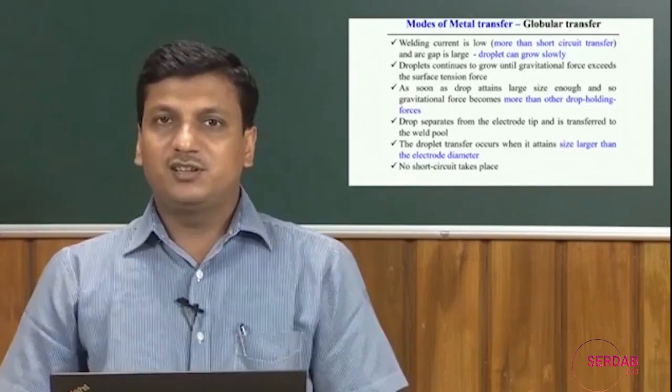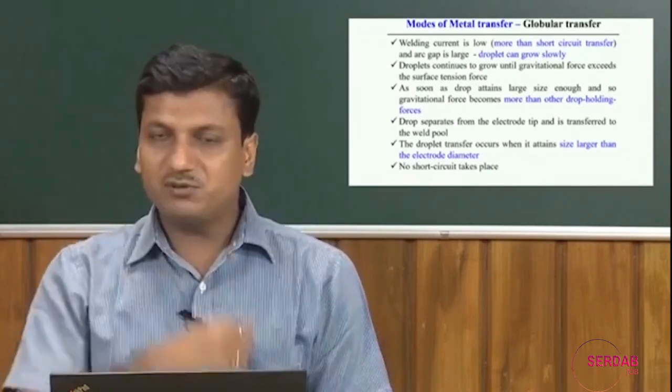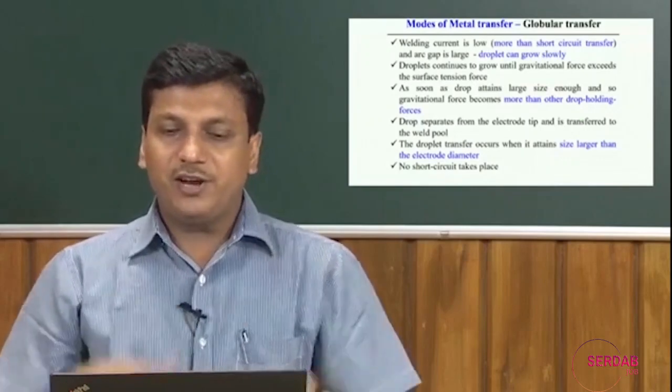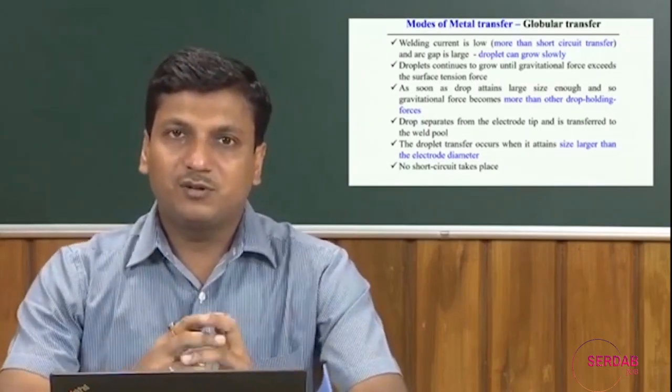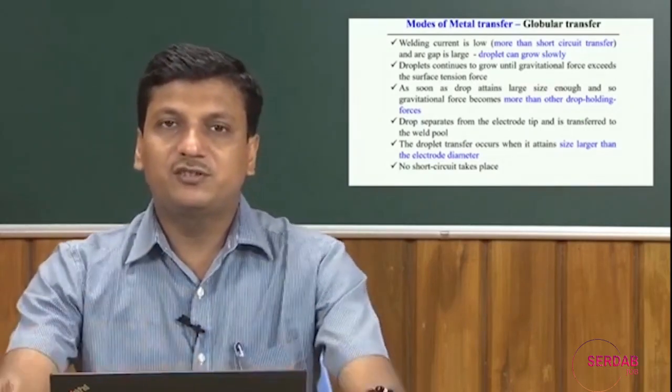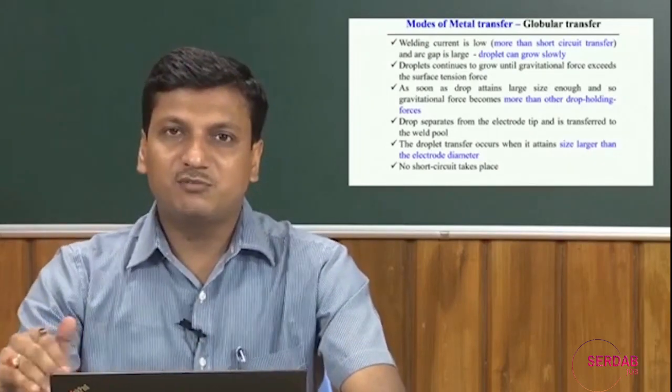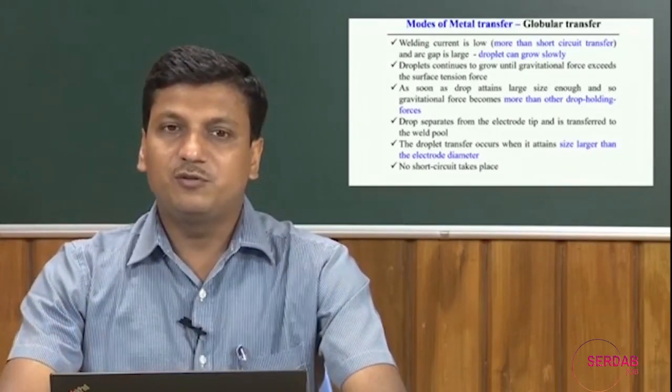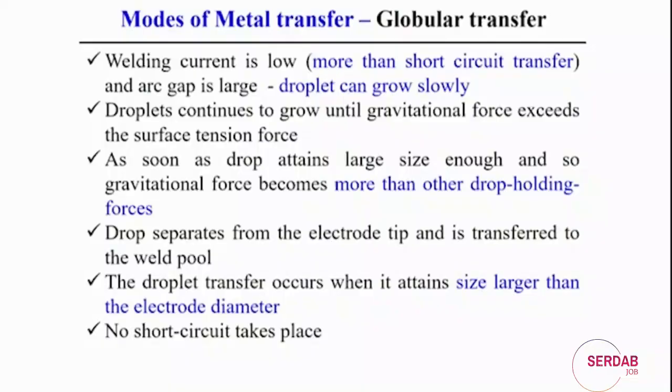Once the gravitational force exceeds the surface tension force, the droplet detaches from the electrode tip and comes to the molten weld pool. But what is the mechanism of the detachment of this droplet from the electrode tip?